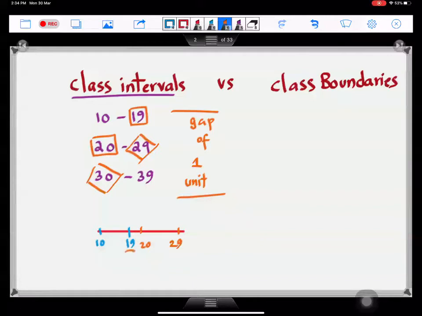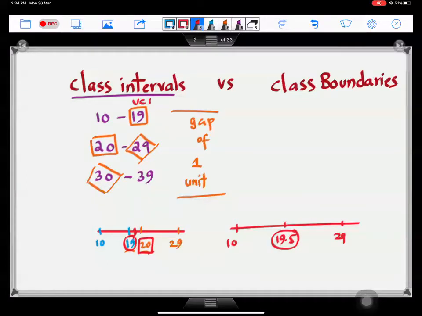Let's move 19 ahead by 0.5, and move 20 back by 0.5. That means this is 10, which will be changed in a short while. This is 19.5, and this is 29. That means they agreed on this number. The upper class interval moved ahead 0.5.